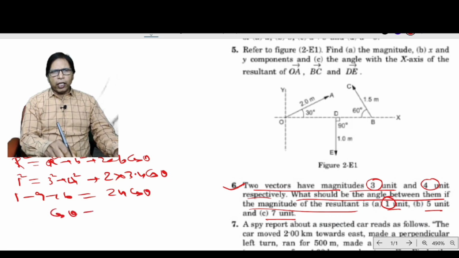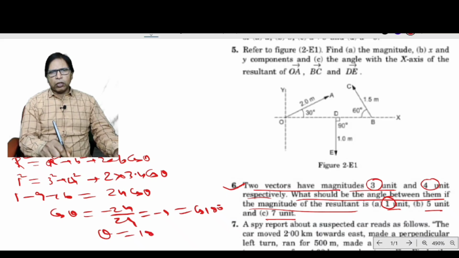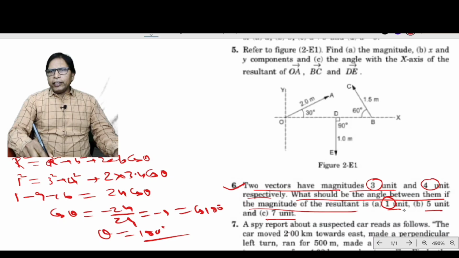So cos theta equals minus 24 by 24, which is minus 1, equal to cos 180 degree. Therefore theta equals 180 degree. In the same way you can calculate the angle theta when the resultant is 5 and when the resultant is 7 units. The answers become 90 degree and 0 degree.